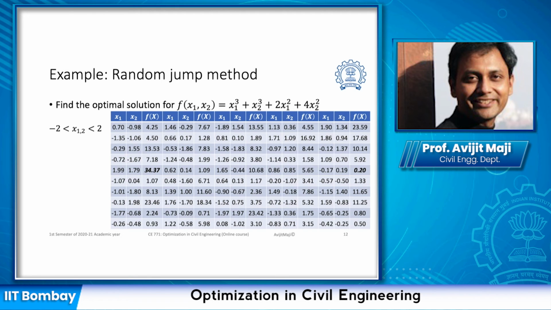In this example, first we are going to look into the random jump method, and this is our objective function, which has two variables x1 and x2. For both of these variables, the upper and the lower limits are given here. The lower limit is -2 and the upper limit is 2.